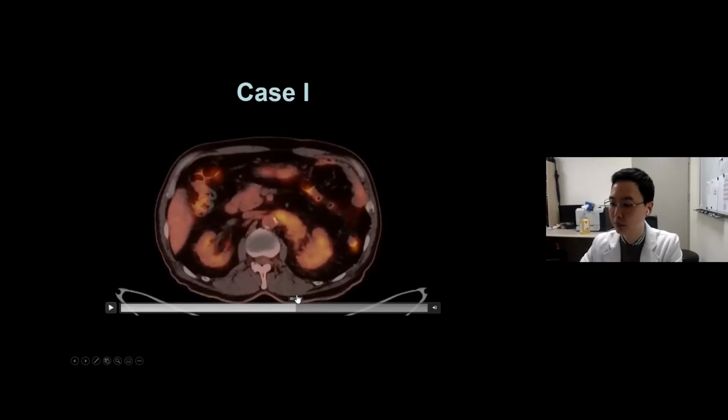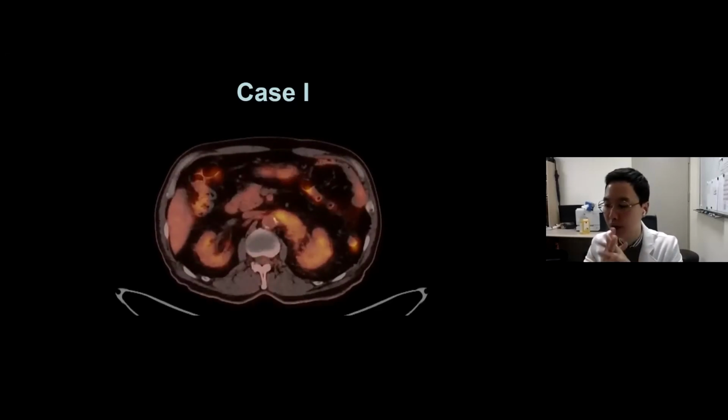So this patient was diagnosed as RCC with renal vein and IVC tumor thrombus, and lymph node, right adrenal gland and brain metastasis.